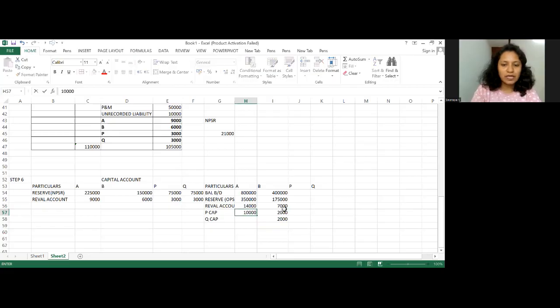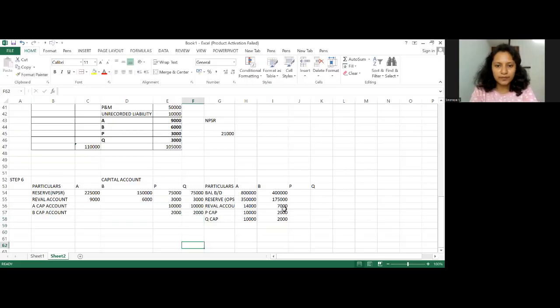So 4,000 and this is 10,000, 10,000, which is 20,000. And here P and Q's account will get debited with the same amount. P has to bring 10 plus 2. Q has to bring 10 plus 2. Just 12,000. Okay.